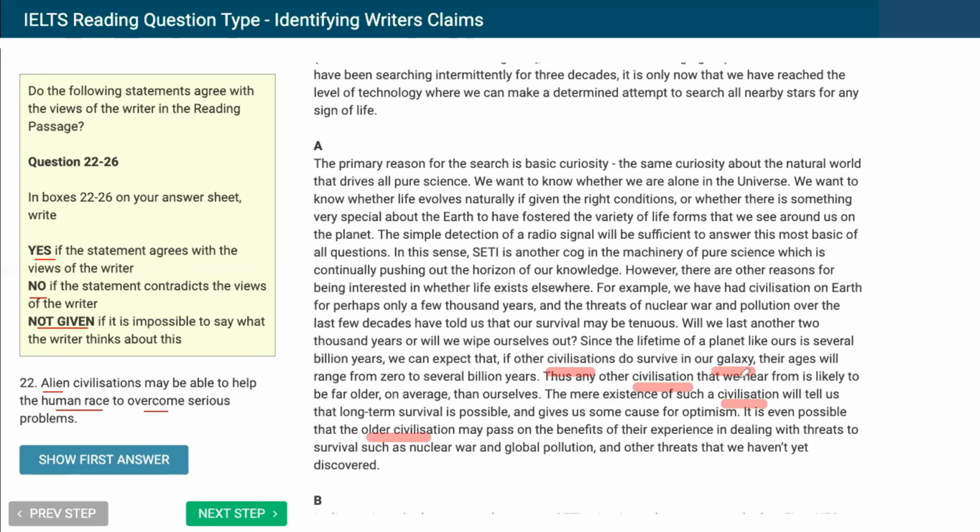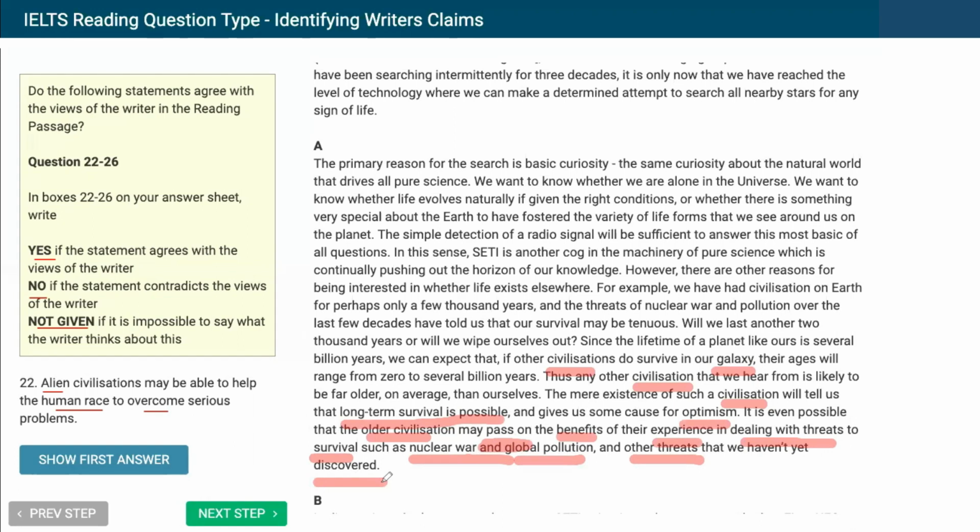So the mere existence of these creatures and such a civilization will tell us that long-term survival is possible and gives us some cause for optimism. It is even possible that the older civilization may pass on the benefits of their experience in dealing with threats to survival, such as nuclear war, global pollution, and other threats we haven't yet discovered.